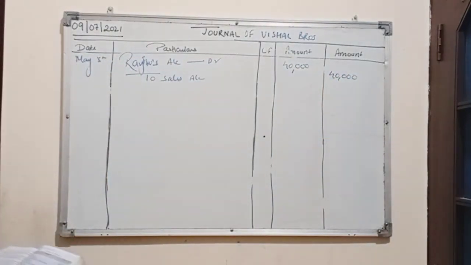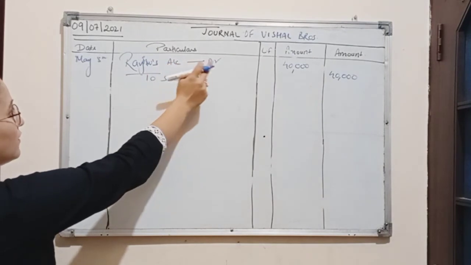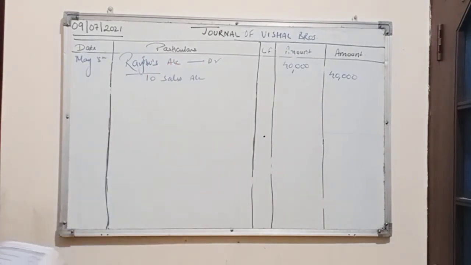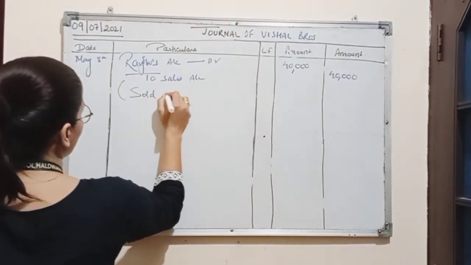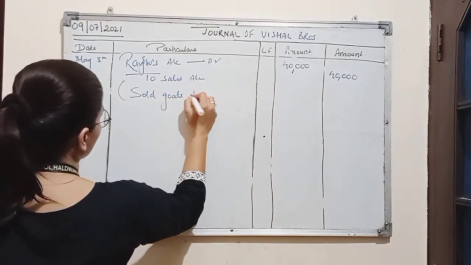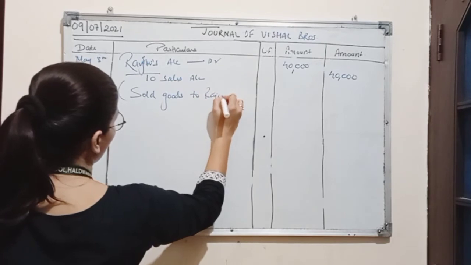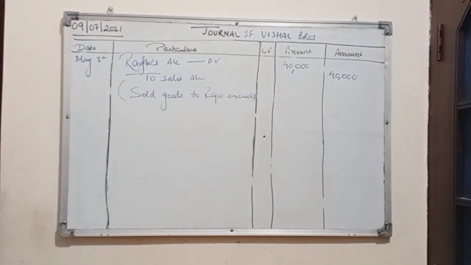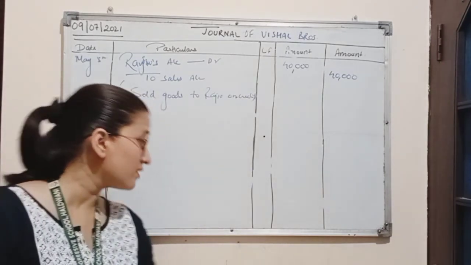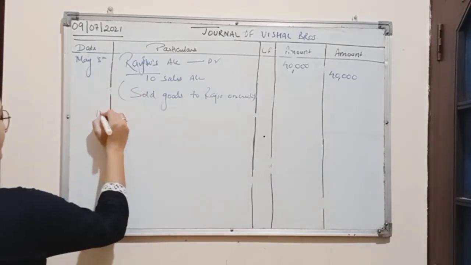Entry for this transaction will be Rajiv's account debit to sales account. And narration for this transaction will be: sold goods to Rajiv on credit.